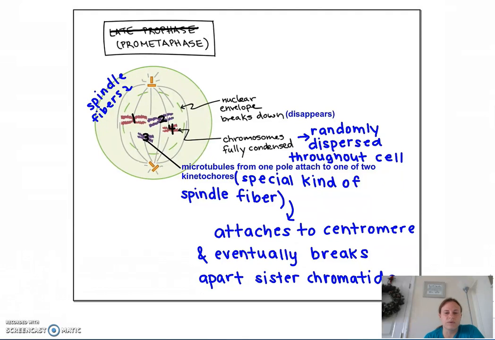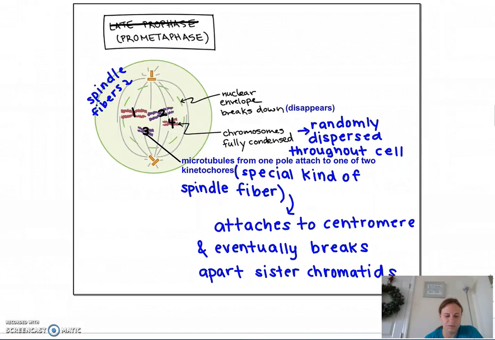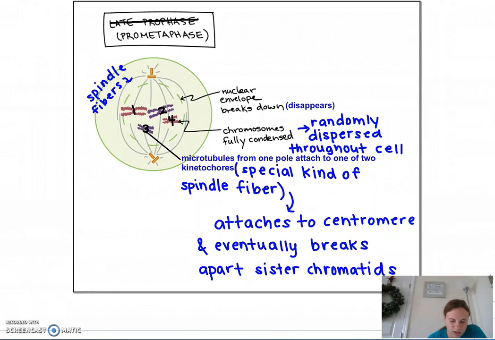Late prophase is what we now call prometaphase. In some textbooks, you'll see it's still written as late prophase, but we're going to call it prometaphase. So now you've got fully formed spindle fibers. The nuclear envelope breaks down. In other words, the nuclear envelope disappears. Your chromosomes are fully condensed, and they are randomly dispersed throughout the cell.